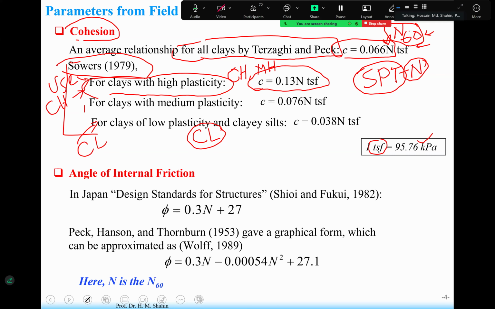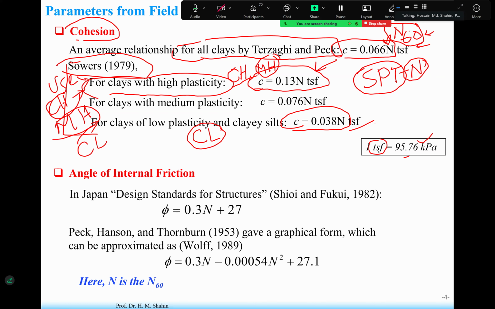So ML will not come here, but MH will come here. So if there is MH or CH in your report, use this equation 0.13 N TSF, but you have to multiply it by 95.76 to get kPa. For low plasticity, use C equal to 0.038 N TSF. These are the things that you have to use for cohesive soil, mainly clay soil.